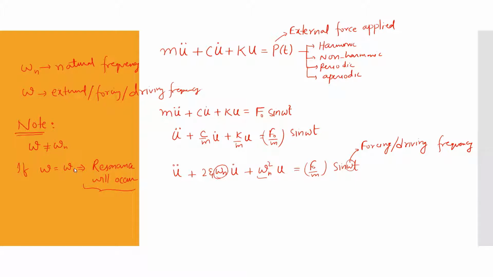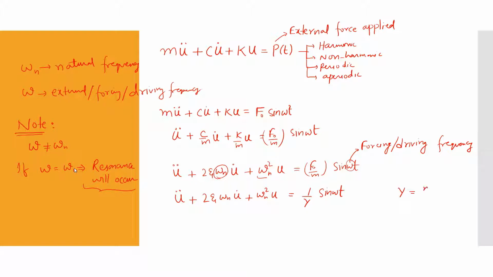Okay, so now we can write this as u double dot plus 2 xi omega n u dot plus omega n square u equals 1 upon y into sine of omega t. So what is y here?